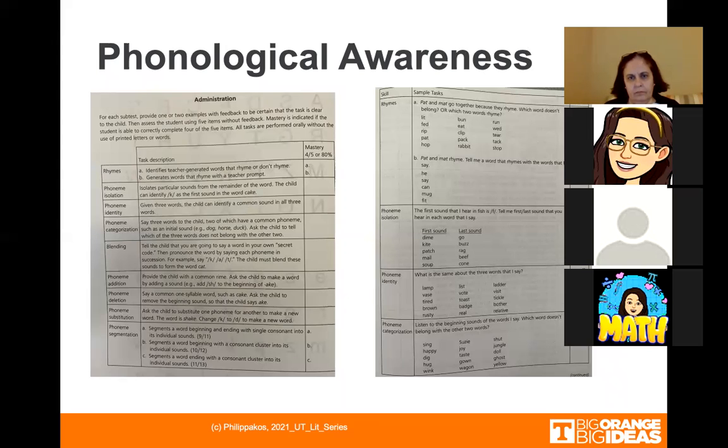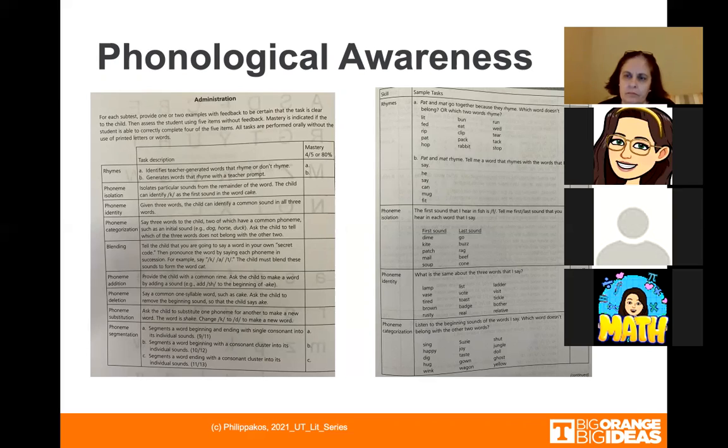When I speak about phoneme deletion, an example would be the word is skit. What word? Skit. What word will I have if I take away the s sound? And the answer from the learner will be kit. Or a phoneme addition would be if I say the word is at.